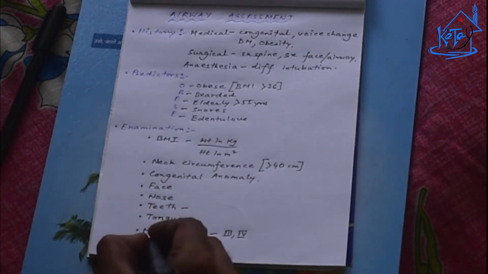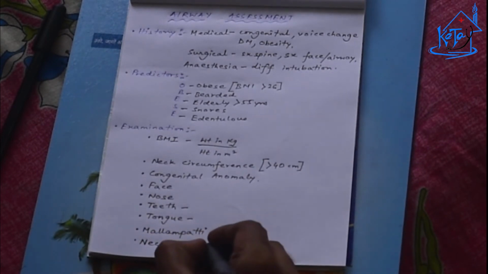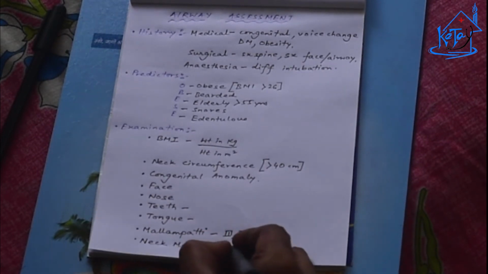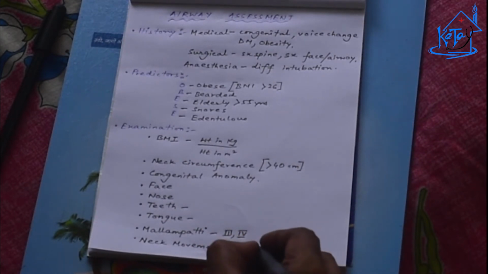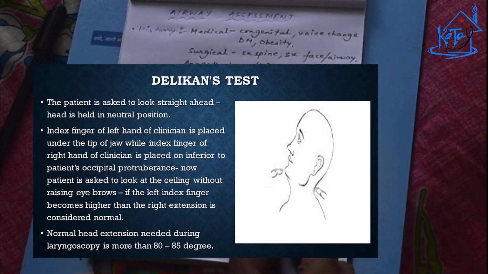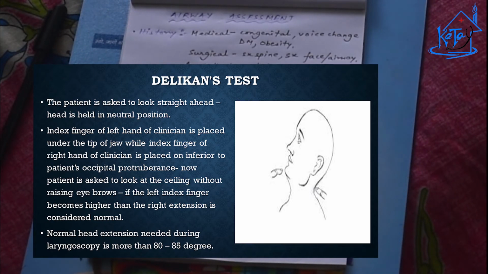Next comes the neck movement. There is a test called Delikan's test, where the examiner has to put the left index finger over the chin and the right index finger over the occipital protuberance and ask the patient to extend.